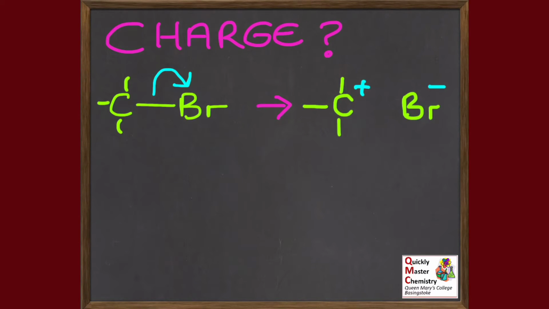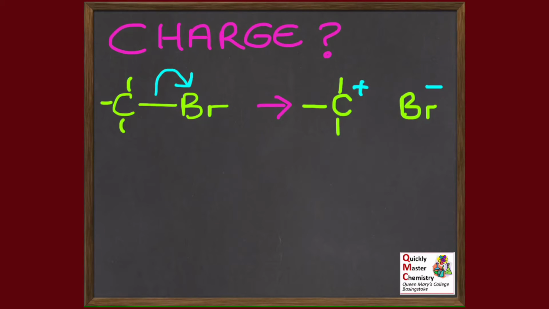In this case, carbon going from neutral to a 1+ ion. And likewise, the bromine, when that pair moves onto it, is actually gaining an electron that came from the carbon. So it ends up with one more electron in its outer shell, and so therefore becomes one step more negative, in this case going from a neutral charge to a negative ion.